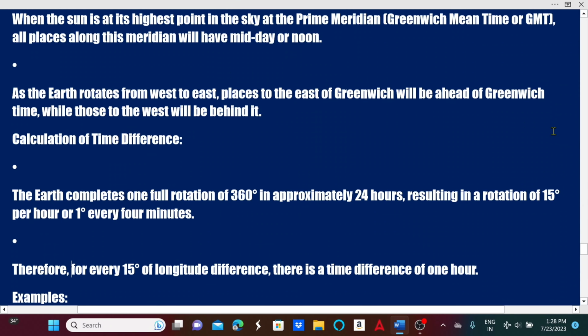Therefore, for every 15 degrees of longitude difference, there is a time difference of 1 hour. Okay, 15 डिग्रीज जो भी ईस्ट में है यहाँ से ग्रेनिच से, तो वहां पे उस टाइम पे 1 घंटे ज्यादा टाइम हो रहा होगा, जो 15 डिग्री पहले है वहां पे 1 घंटे कम टाइम हो रहा होगा.